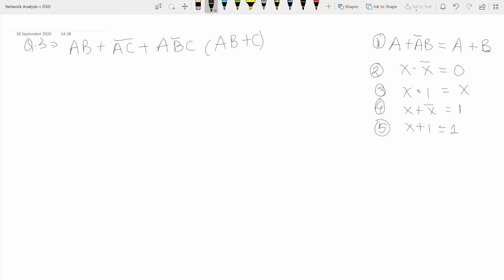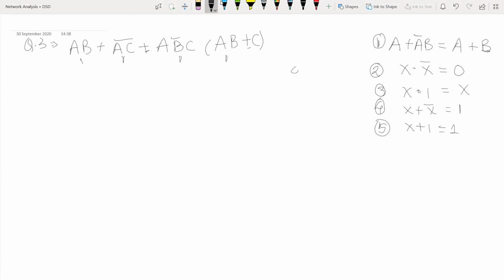Now let us come to our third question, which is AB plus A dot C the whole bar plus AB bar C into AB plus C. If I count the total number of gates for this, I will need 1 for this, 1 for this, so 1, 2, 3, 4, then 5, 6, 7, and one inverter also.